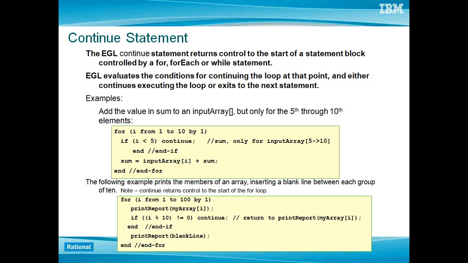Let's take the example that is given on this slide. We are starting a while loop that is going from position 1 to position 10. And then we have an if block. Here we are checking if the I value is less than 5, then it continues.